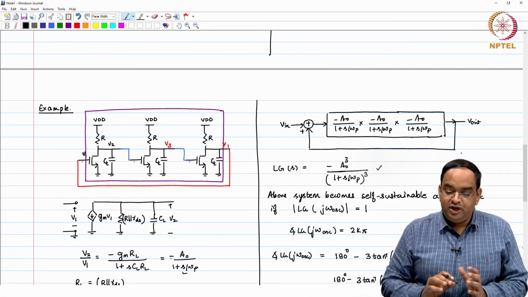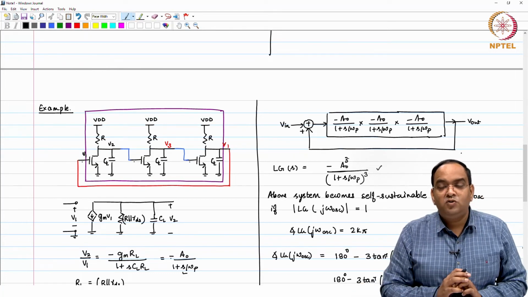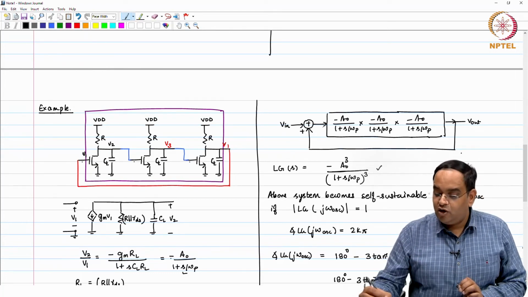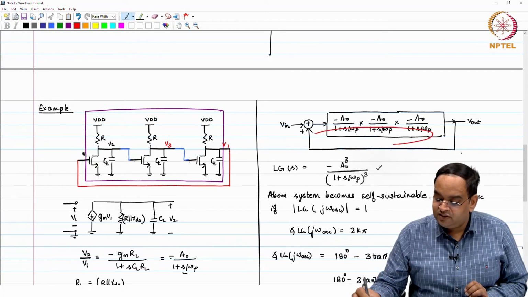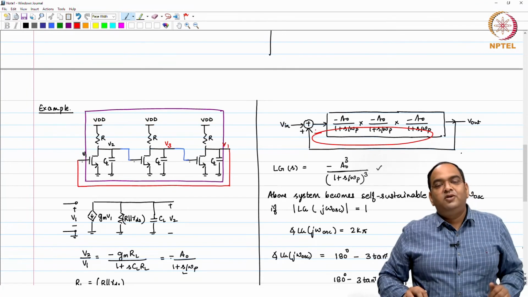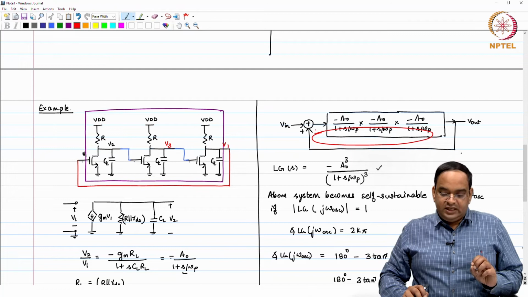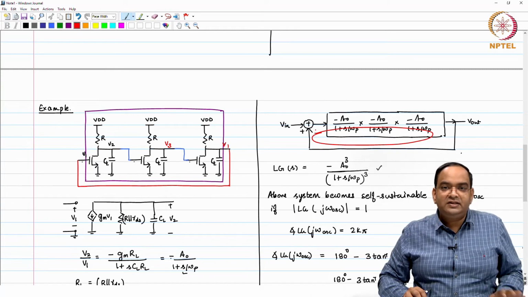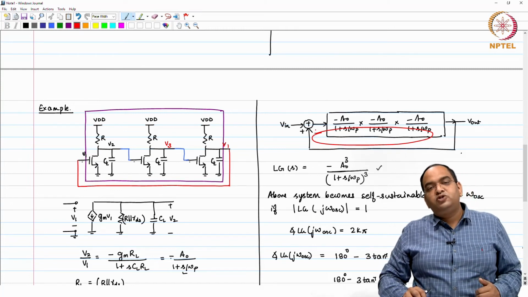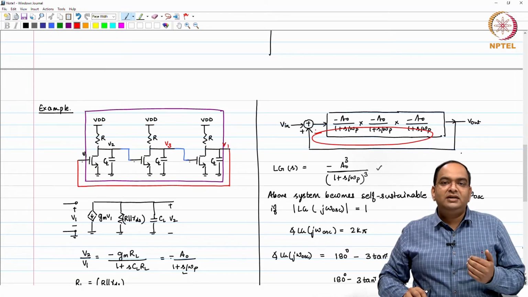So, what we are going to look at is that if you have such kind of system, where do the poles lie of this closed loop? Poles of this closed loop, because when we make any closed loop system, it is stable if and only if all the poles are in the left half S plane. If you have poles on the right half S plane, the system is going to be unstable.